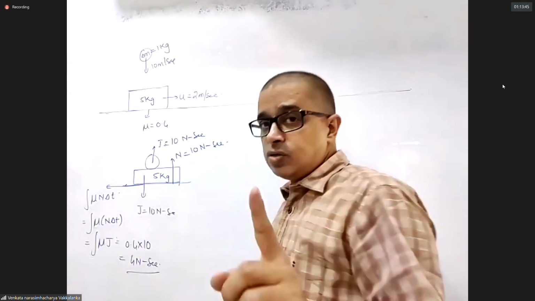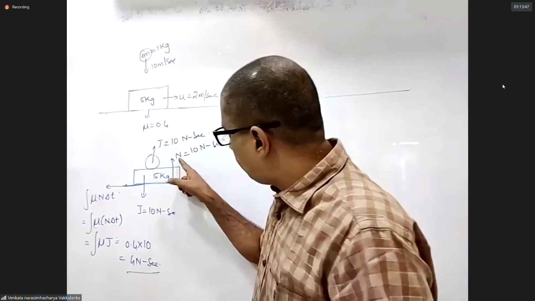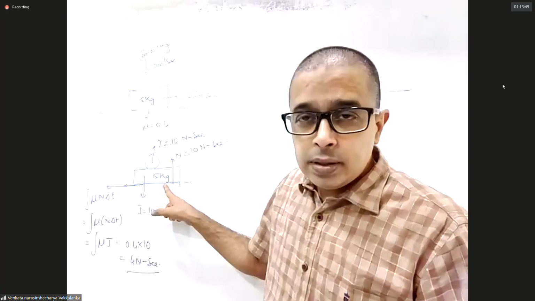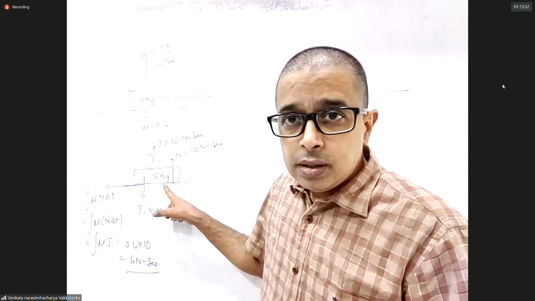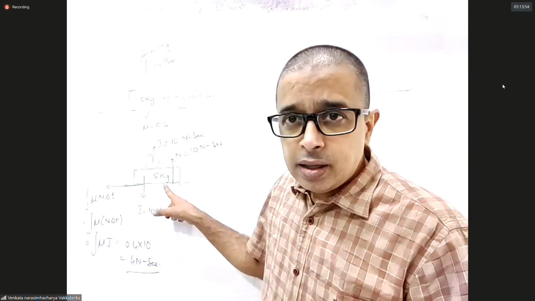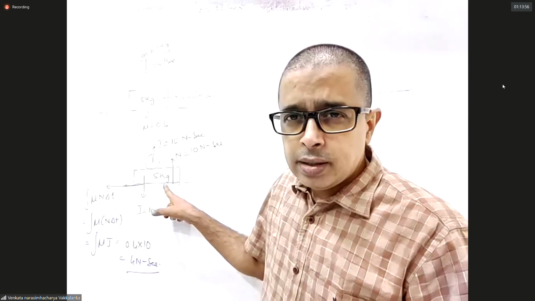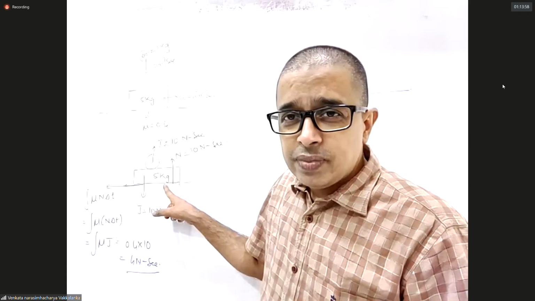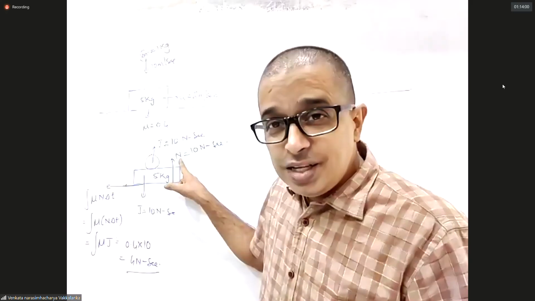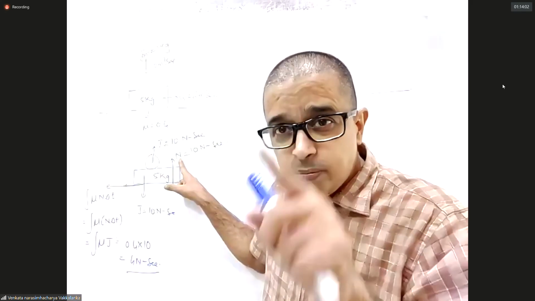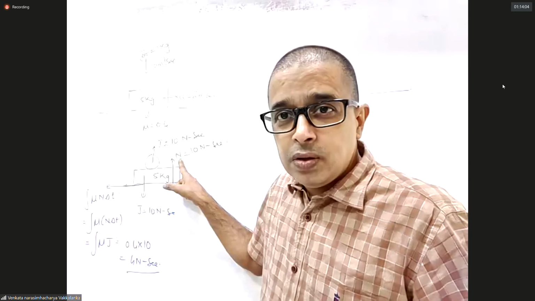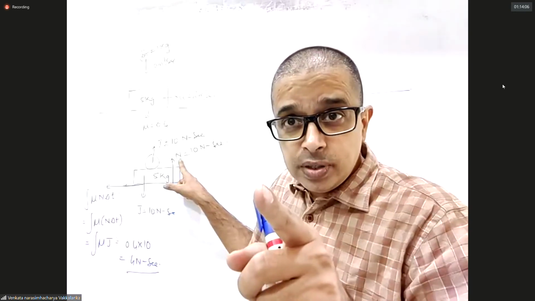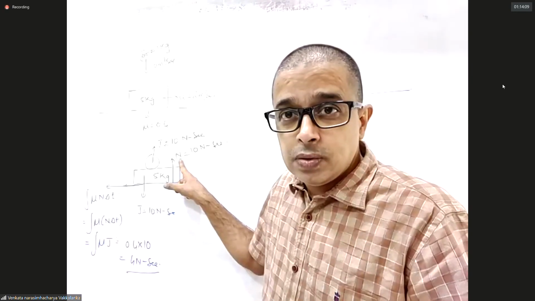Now listen carefully. When you take the normal force here, you did not take mg, you forgot. So that mg and the earlier normal force cancel out. This normal force must be an impulsive normal force. mg is not an impulsive force.